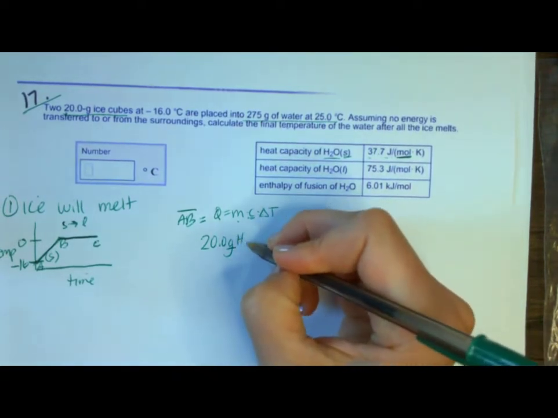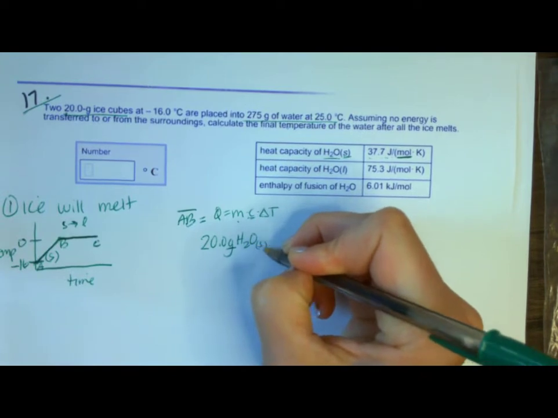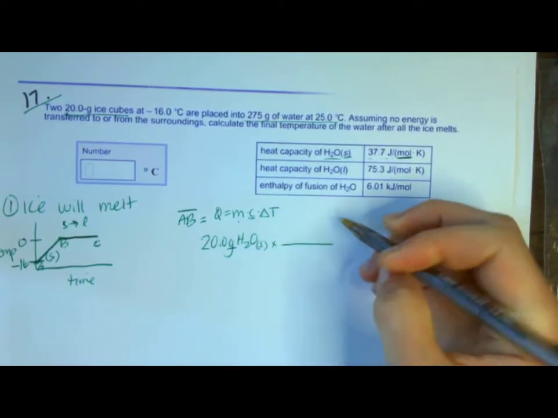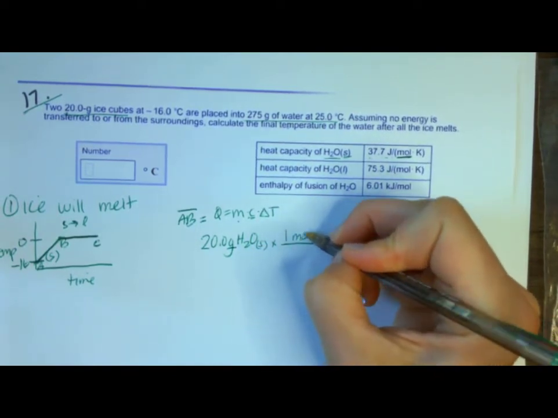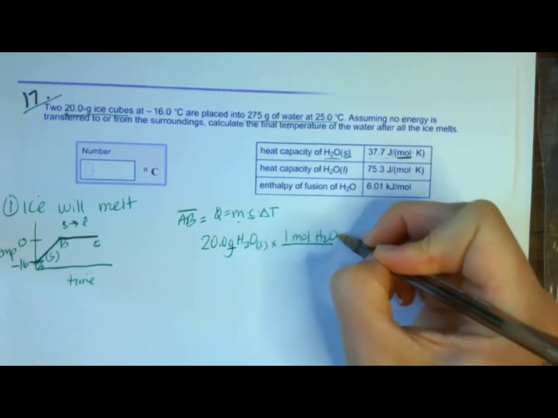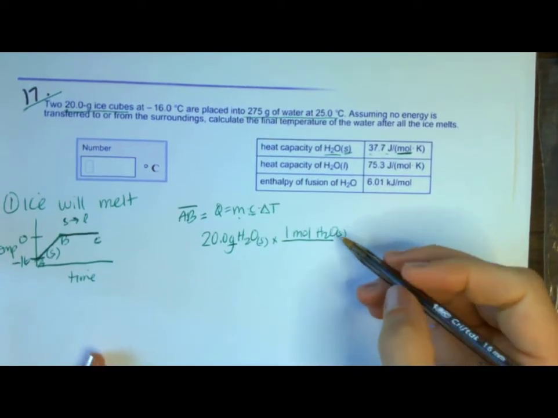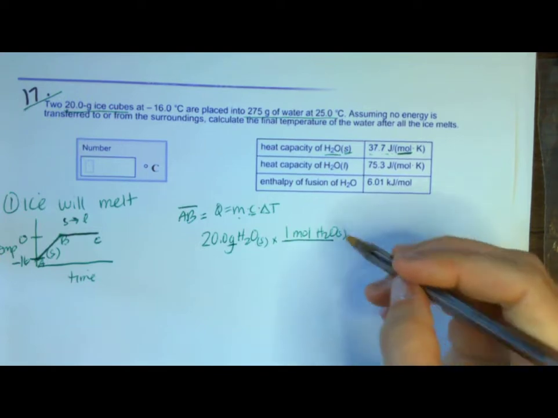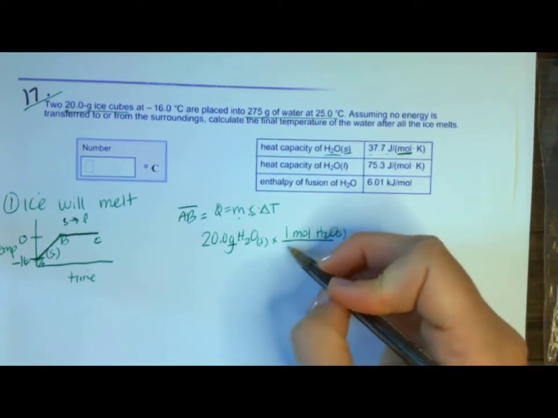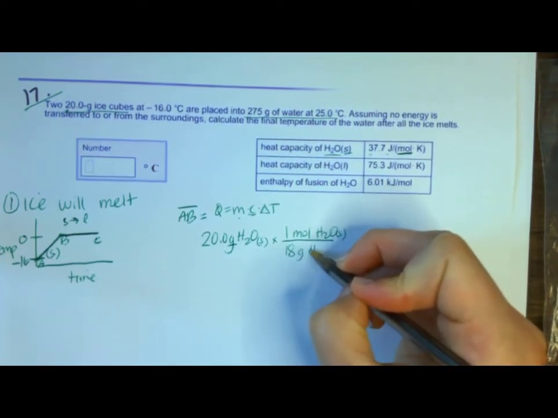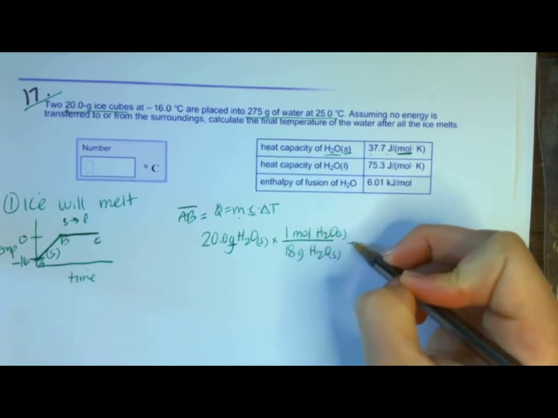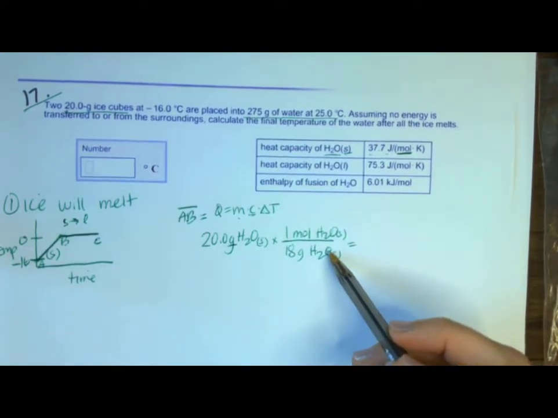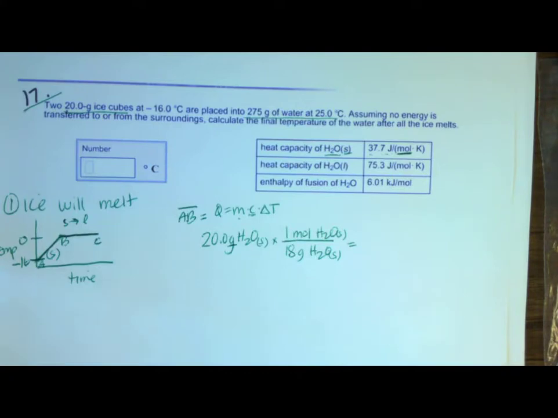So let's look at this. We have grams of H2O, which is ice here, and for every 1 mole of solid water, solid ice, still H2O, I would do 16, 17, 18 grams. That's just looking at my periodic table and adding together 1 oxygen and 2 hydrogens.